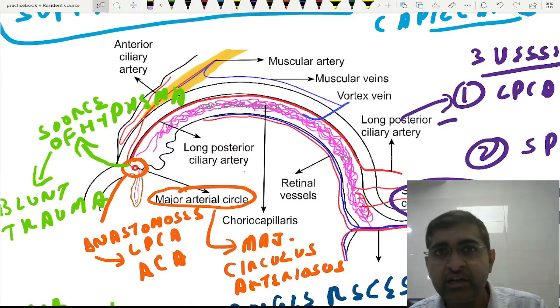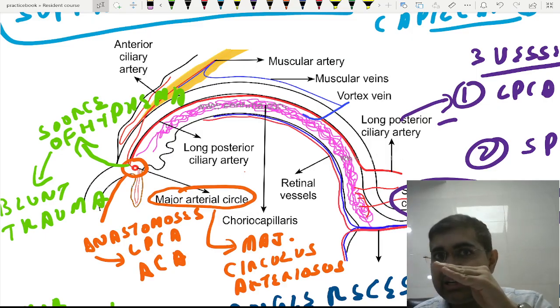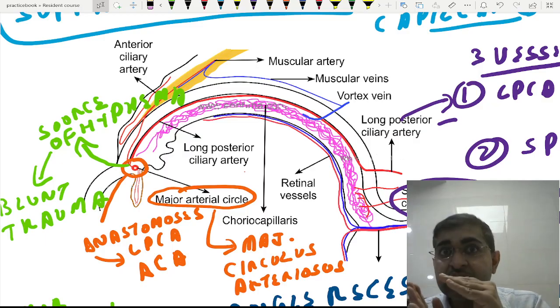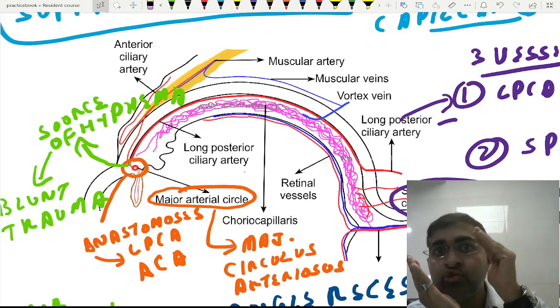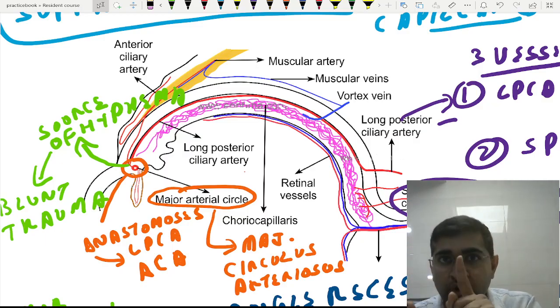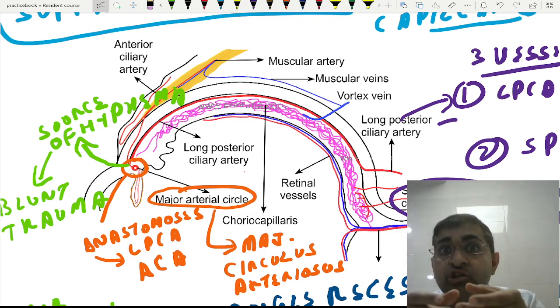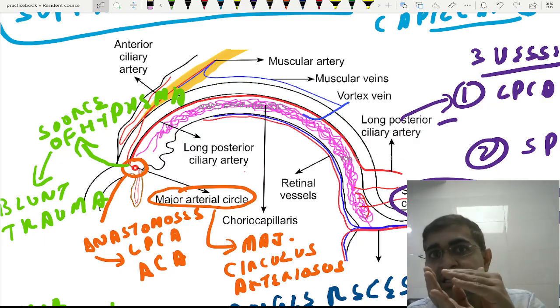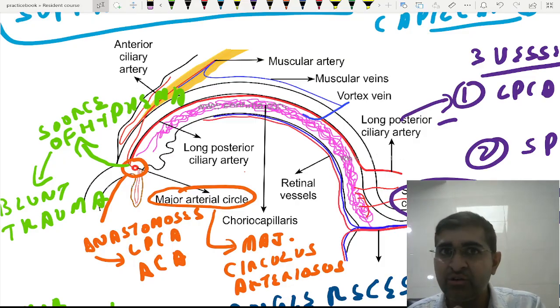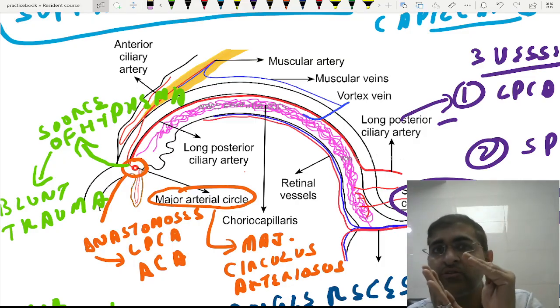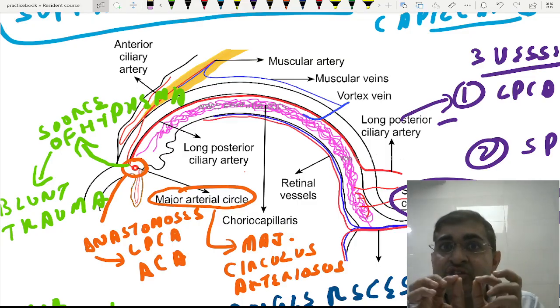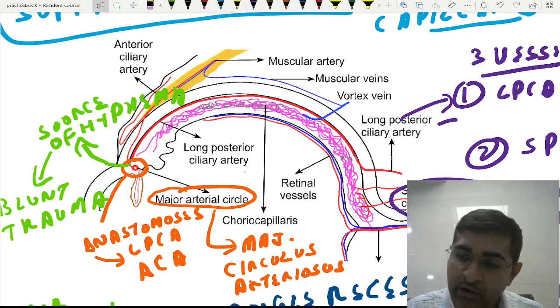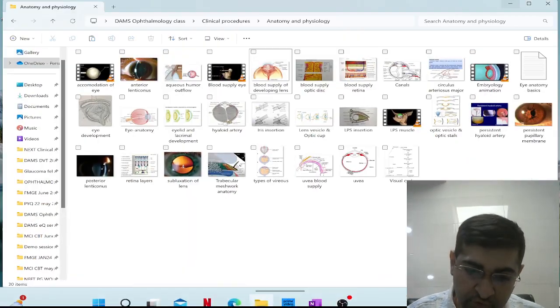The outer 1/3 of the retina, up to the outer plexiform half layer, till the retinal pigment epithelium, gets its blood supply via direct diffusion from choriocapillaries, while the inner 2/3 of the retina is supplied by branches of the central retinal artery. The outer plexiform layer is a watershed layer receiving dual supply.